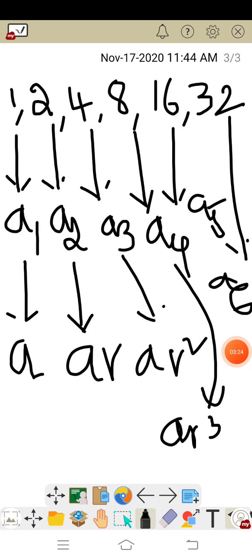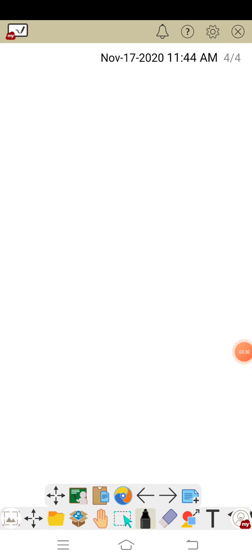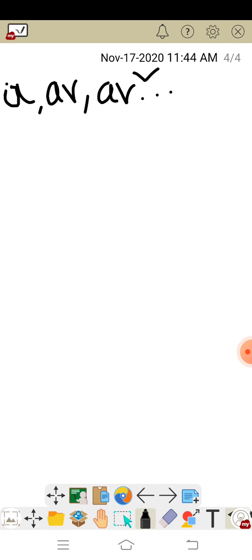Like this we can do. If it is the fifth term, what is it here? A R power 4. So if the term is 5, the R power is 1 less than that. The geometric progression is always A, AR, AR square and so on. The nth term is nothing but A into R to the power of n minus 1.